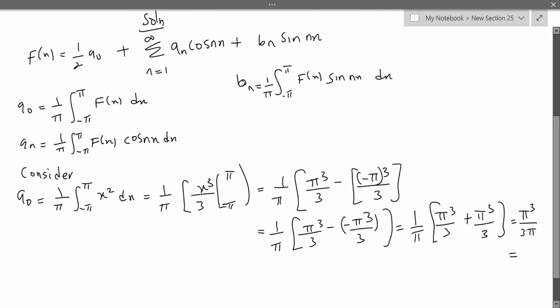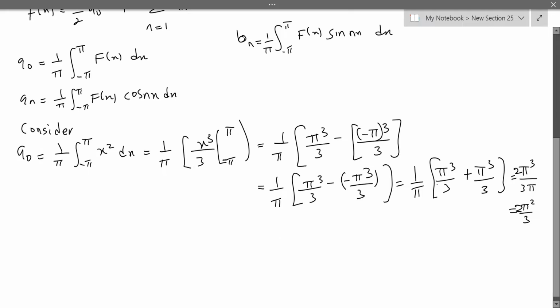Pi is common, if you cancel, you get pi squared over 3. Oh, sorry, I missed out the 2. When you add the top, there is a 2. If you add the pi cubed and pi cubed, you get 2 pi cubed.